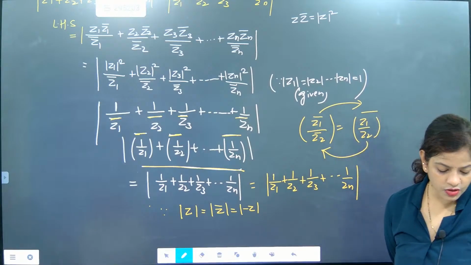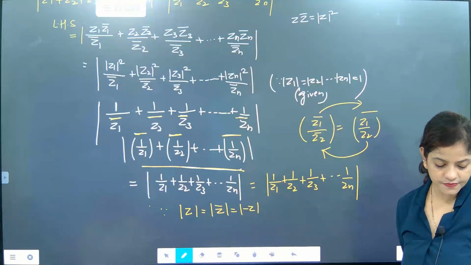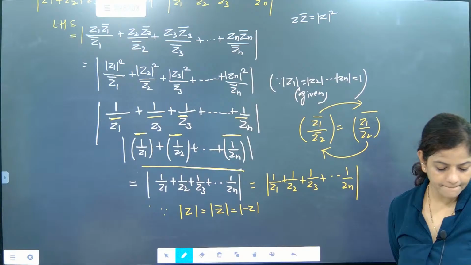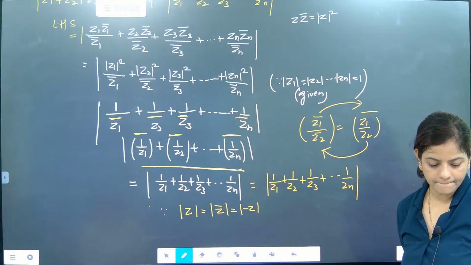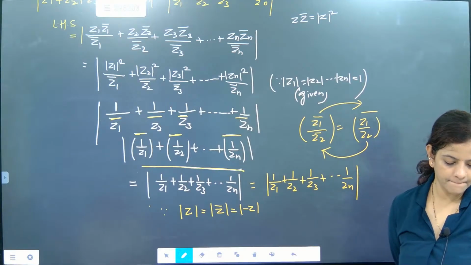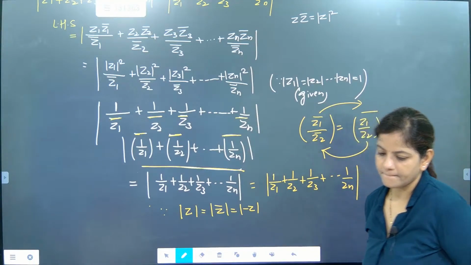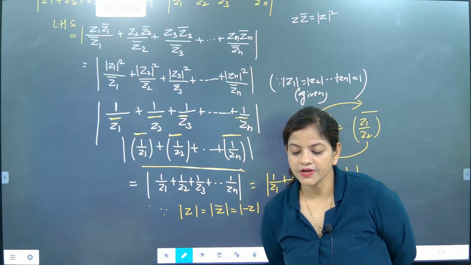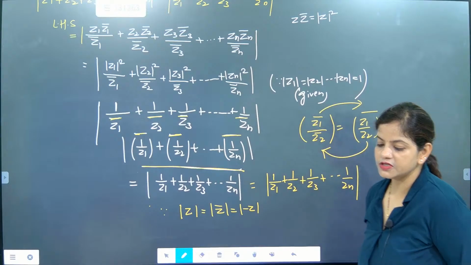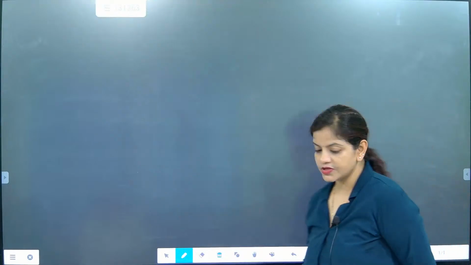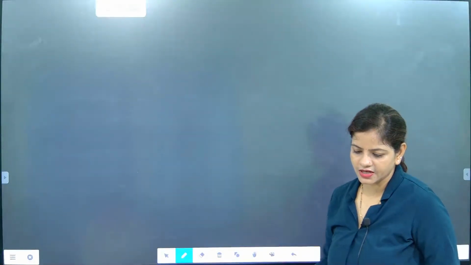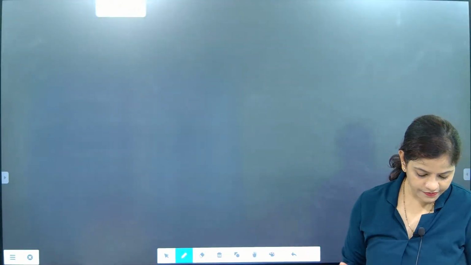If you have understood, we'll go for the next one, beta. Okay, super. Now, beta, we are going to solve this question. Okay, next question. A little bit of trick is there in the next question. Let's check this one out, beta.